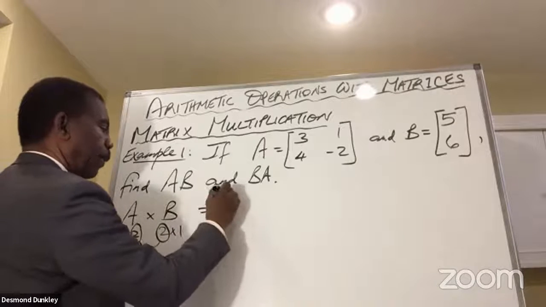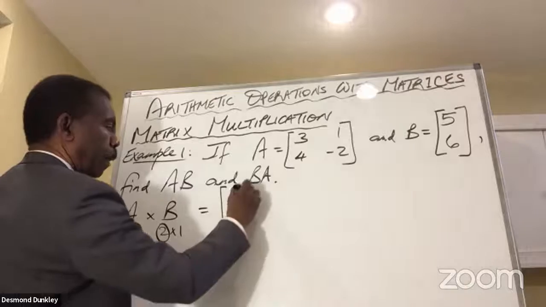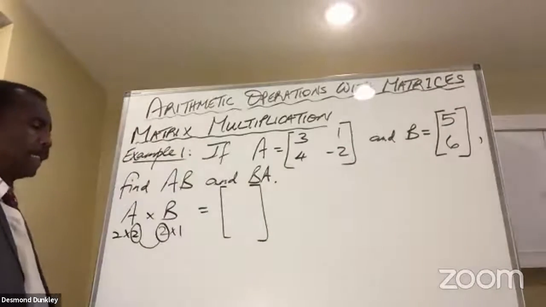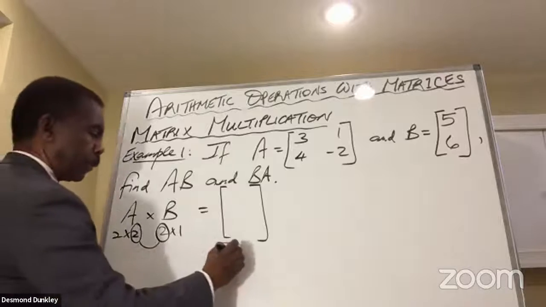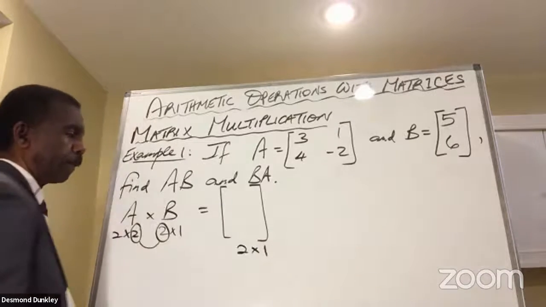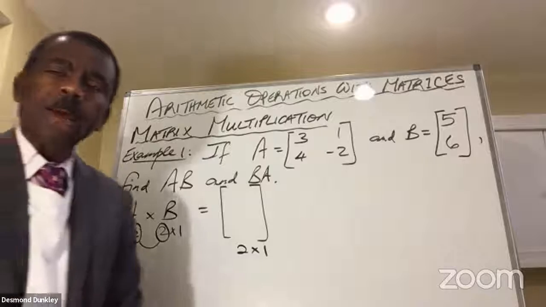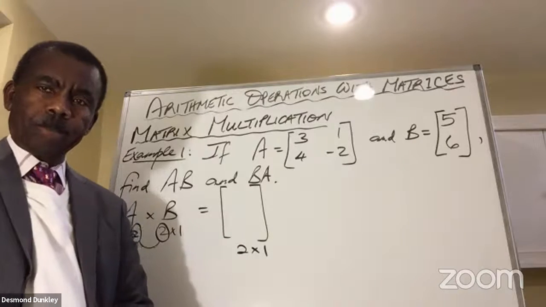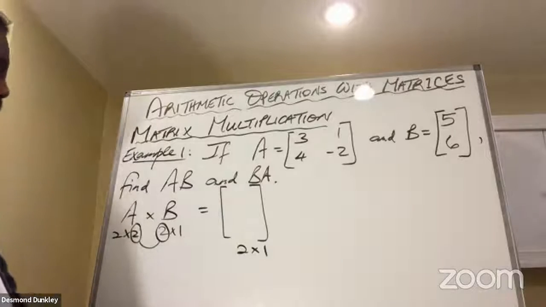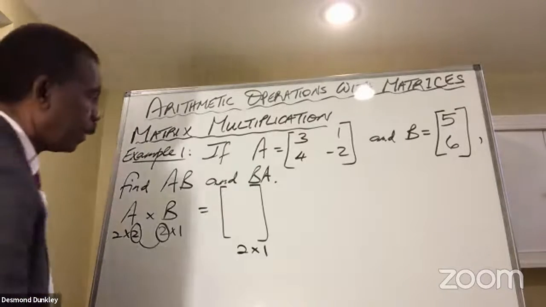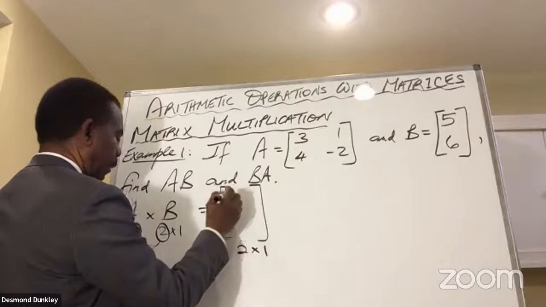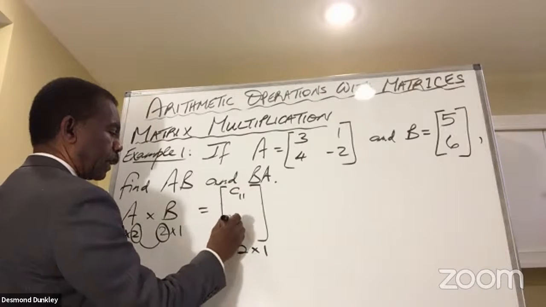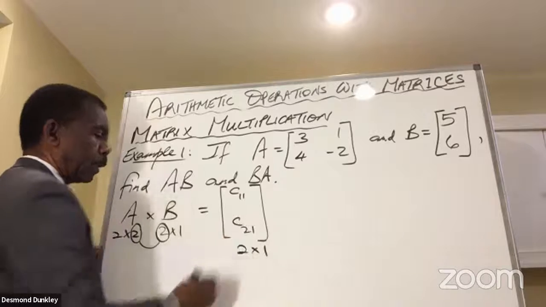So that's going to be equal to a 2 by 1. It's going to be like that. This is going to be a 2 by 1. So then the question is, what goes here? Well, I'm glad you asked. So this position, let's call this C11, and this is C21.